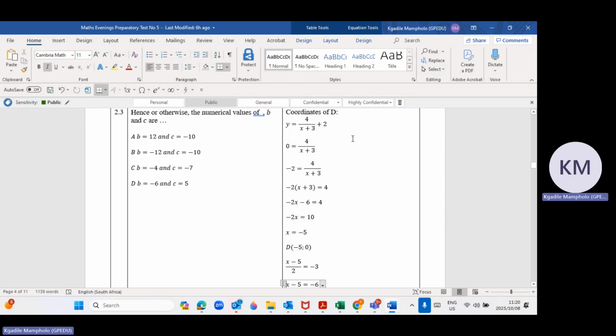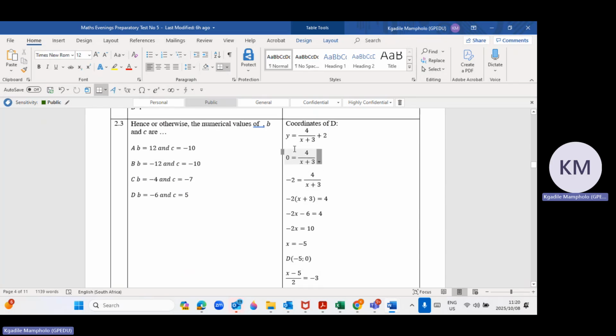So first we'll say at D, the hyperbola is this one. Let's go back here. Now the hyperbola is this one, and then we know that D is the x-intercept.